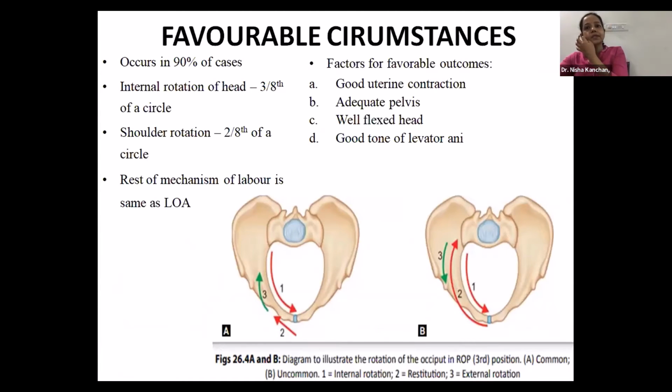So in 90% of cases, we have occipito-posterior favorable circumstances where there is internal rotation of the head, 3/8 of a circle, and the shoulders rotating 2/8 of a circle. So if you compare LOP, LOT, and LOA, the only step which changes is internal rotation.